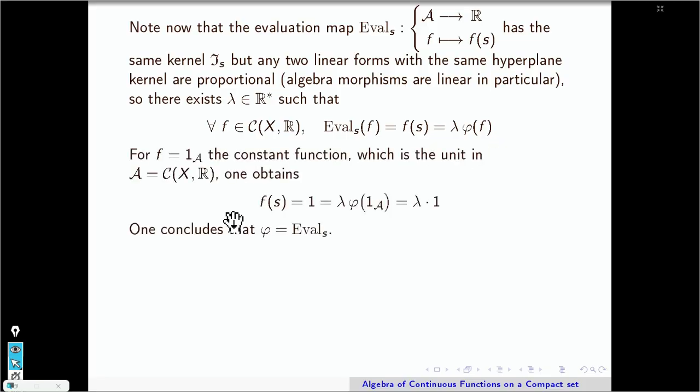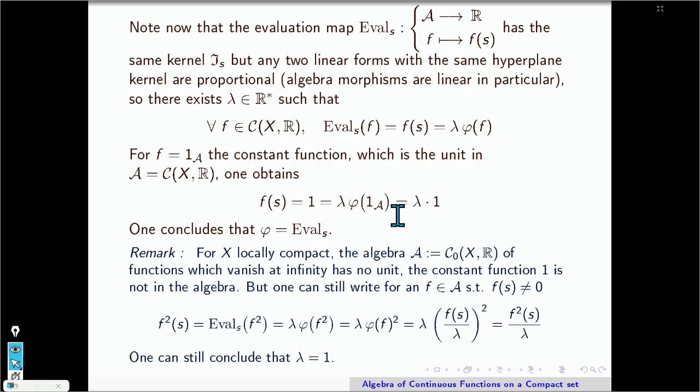And here, if our algebra has a unit, so here a function that is constant at 1, I just evaluate at the unit. A function that is constant at 1 evaluated at s gives 1, and phi of 1 is 1. So I obtain directly that the coefficient of proportionality is 1. The book uses a different argument, which will hold in the case of non-unital algebras.